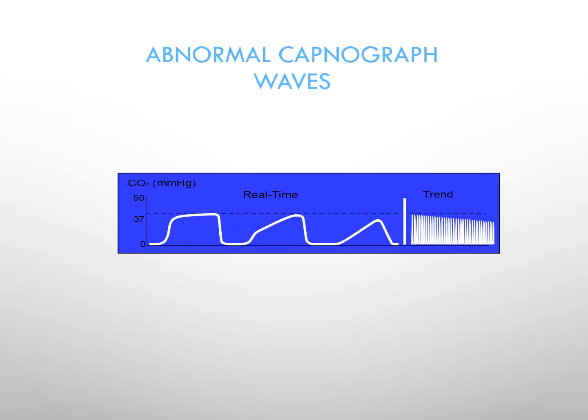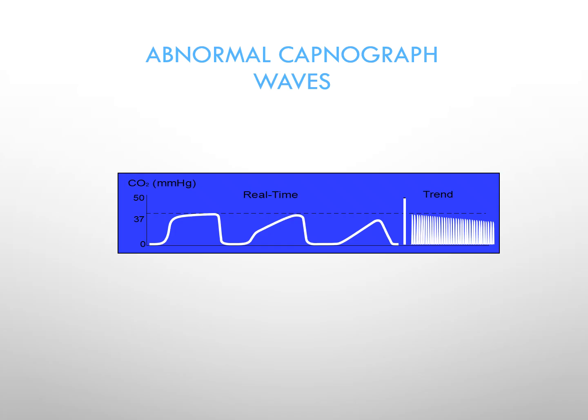This slide shows an increase. You're seeing a sharp rise. It looks a little like a shark fin, and it may well be indicative of some form of obstruction. It could be an obstruction in the airway where you're not getting that sharp exhalation; you're getting some resistance to it.